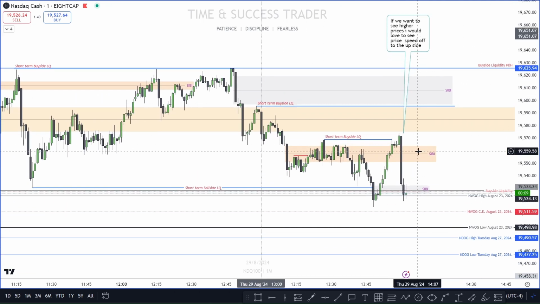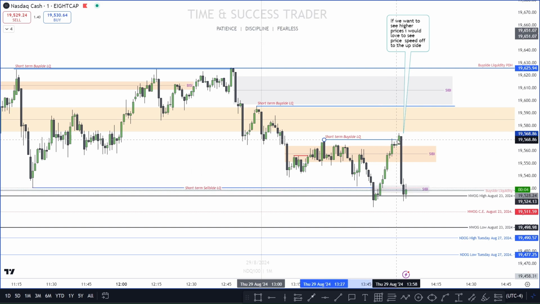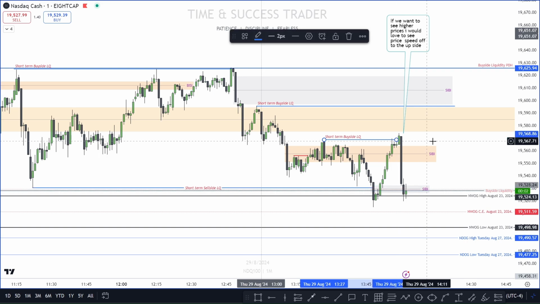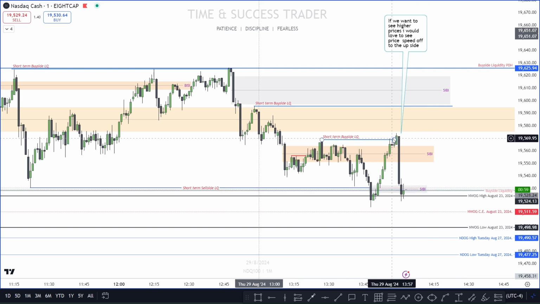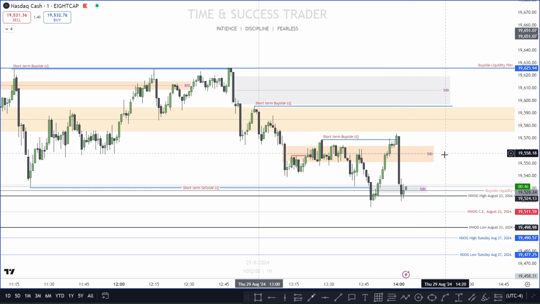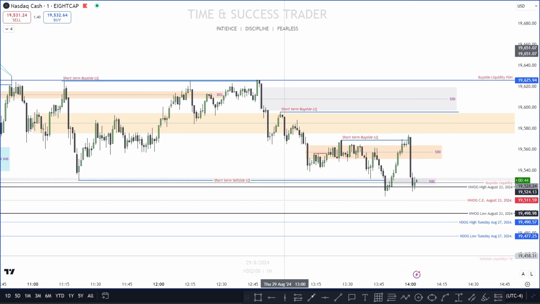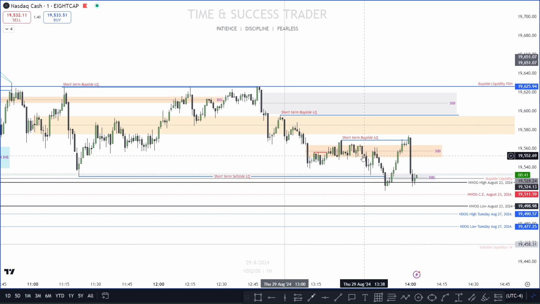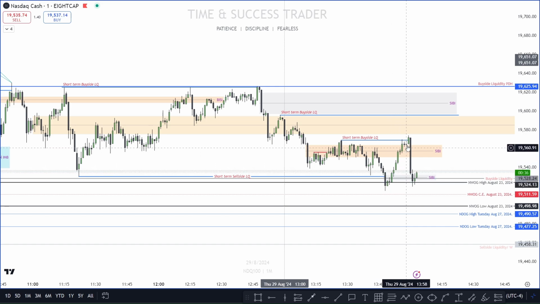Alright, so we did wet our feet here and then we pushed higher. This liquidity, and then we had immediate rebalancing of this area. And then it's now 2 o'clock. This area.